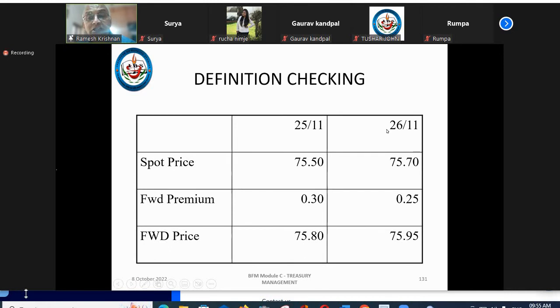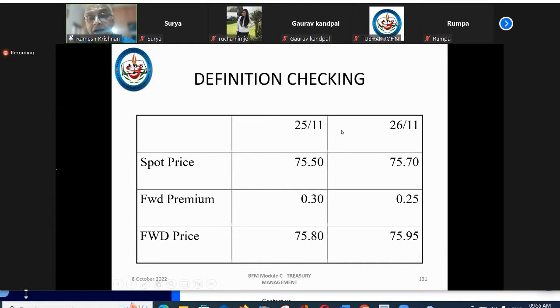Now, tomorrow, if the customer asks for the same 1 month maturity, and the spot has moved from 75.50 to 75.70, and the forward premium has come down from 30 paise to 25 paise, the new forward contract price will be 75.95.